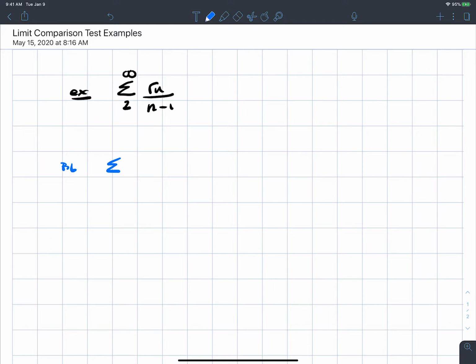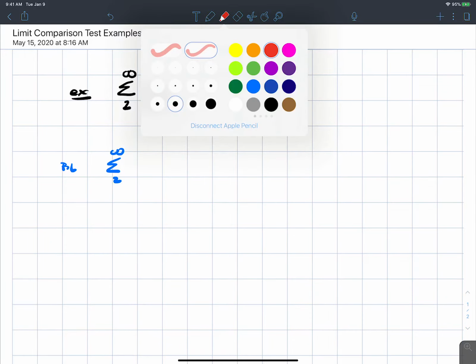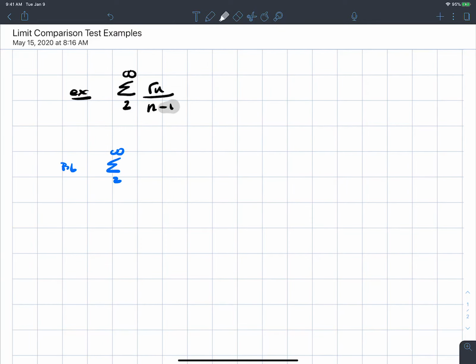So what we're going to do here is focus on removing the constant term. And we are left with the square root of n over n, which is simply, using some algebra, one over the square root of n right here.